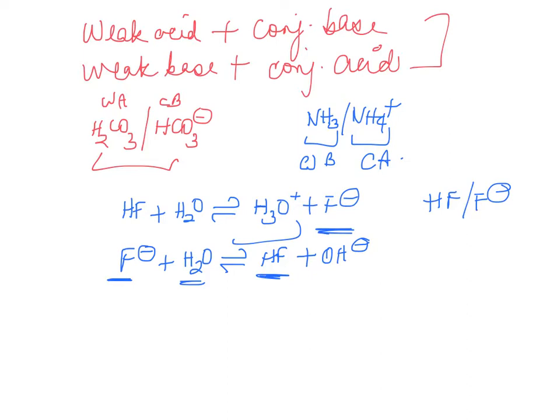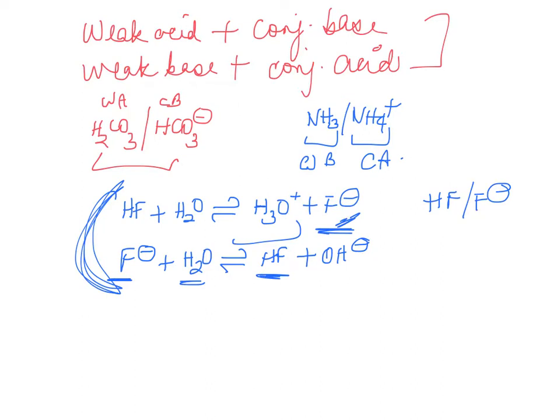So based on those two reactions that we have seen in the past, realize that HF on its own cannot behave like a buffer because it doesn't have a significant amount of F minus ion. It's not a complete ionization, that's right.